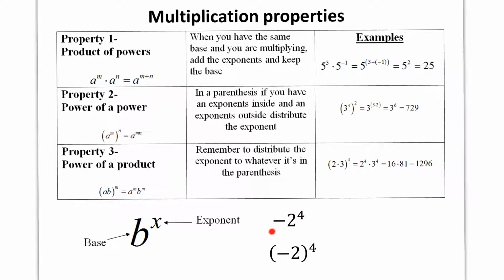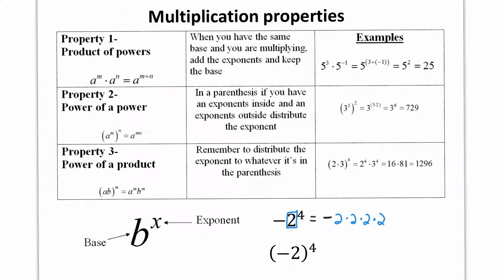So let's do this one. When you have a negative number, for example, -2 to the 4th power with no parentheses, what this means is you are going to keep the negative. So I'm going to put equals here, negative, and you are going to multiply the base, which is 2, by itself 4 times. So you multiply 2 times 2 times 2 times 2.